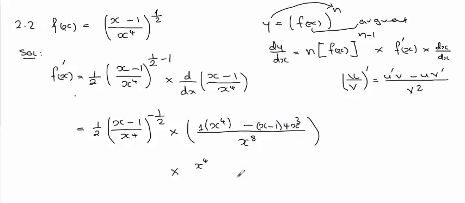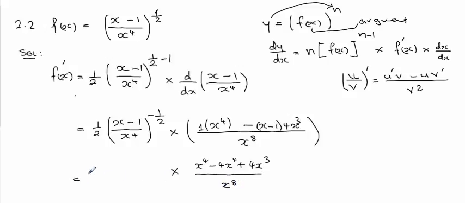Maybe we can remove the brackets here because it's a simple expression. Then we got minus 4x to the power 4, plus, because of this minus sign here, plus 4x to the power 3, all over x to the power 8.